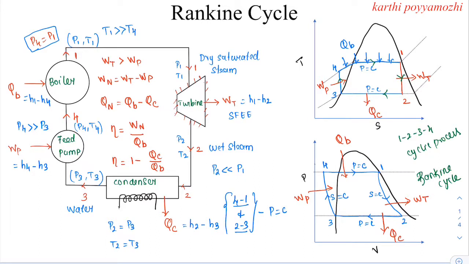Now let's derive the efficiency of the Rankine cycle. Generally, the thermal efficiency is given by W net divided by heat added. This W net is nothing but Wt minus Wp, divided by QB.